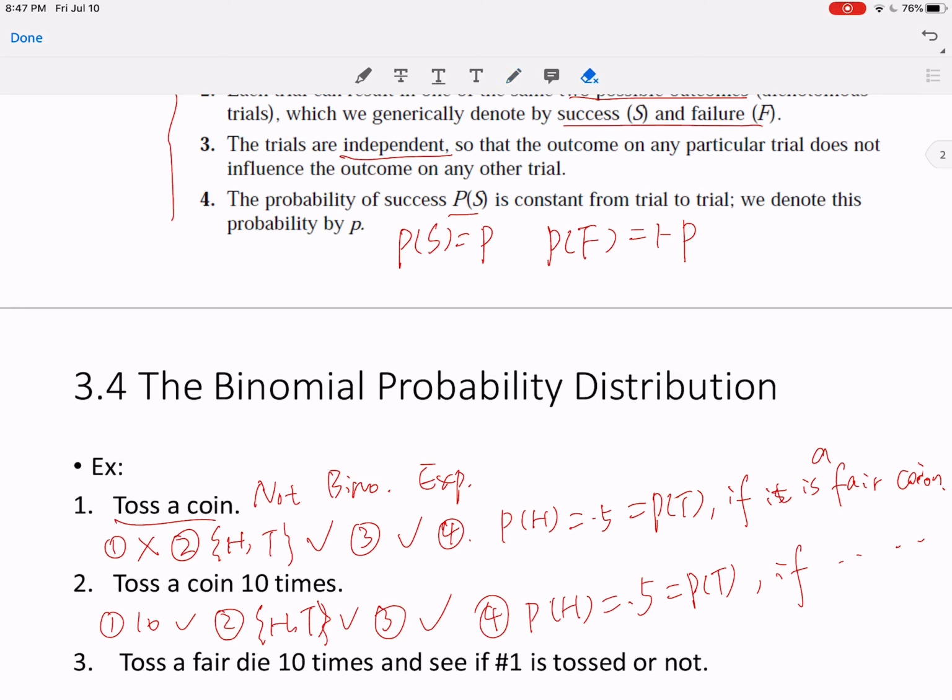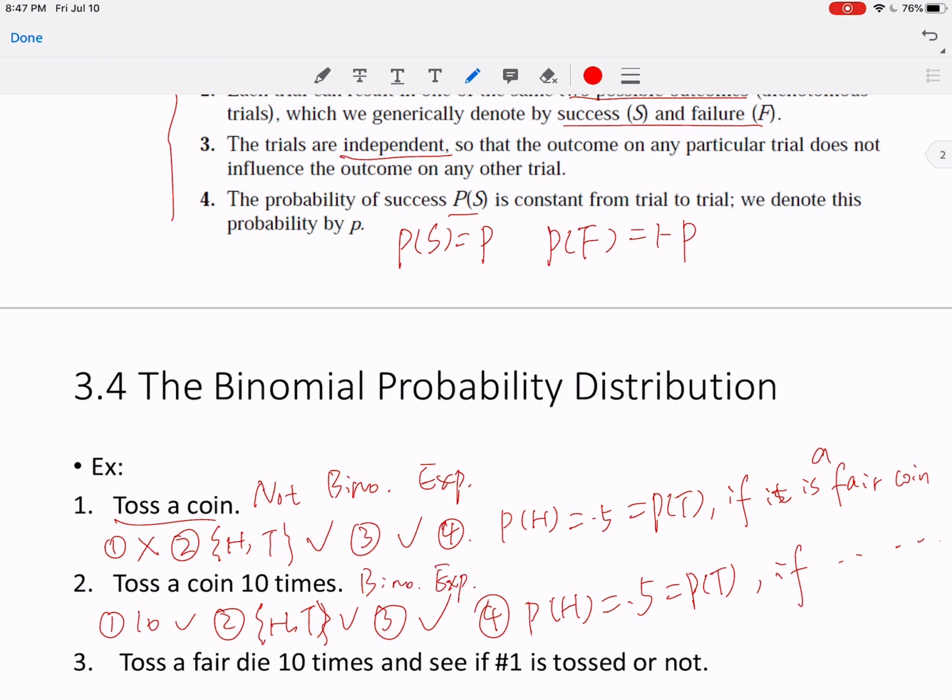Okay. Oh, I think there's a misspelling here. Oops. So since all of the 4 conditions are satisfied, number 2 is a binomial experiment.